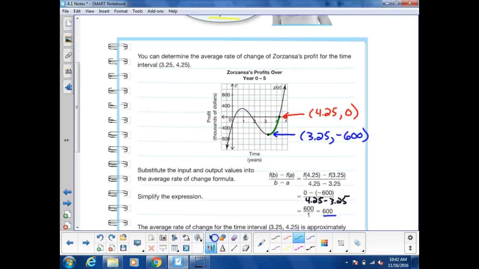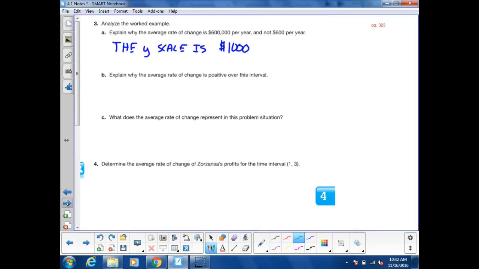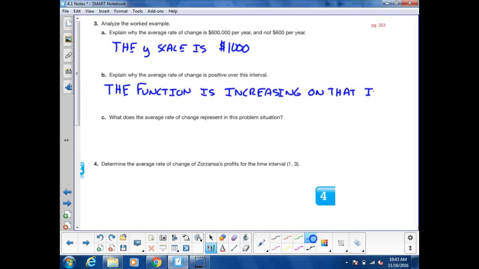So that is why the change is positive over this interval: because the function is increasing on that interval.